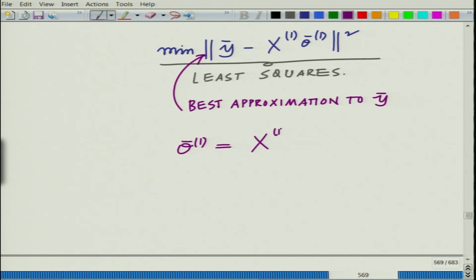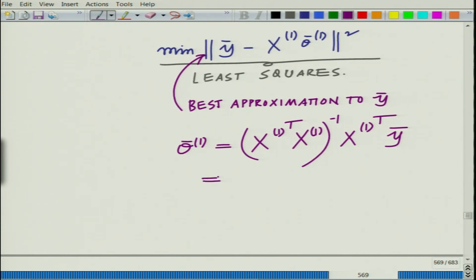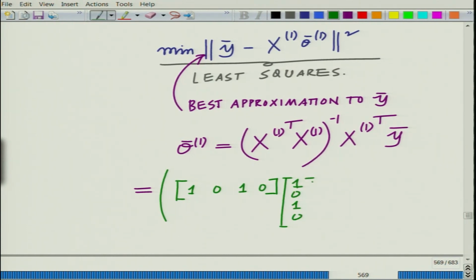the pseudo inverse of x1, that is x1 transpose x1 inverse times x1 transpose y bar, which, if you substitute x1, is the row vector 1 0 1 0 times 1 0 1 0. This is basically your x1 transpose and this is your x1.